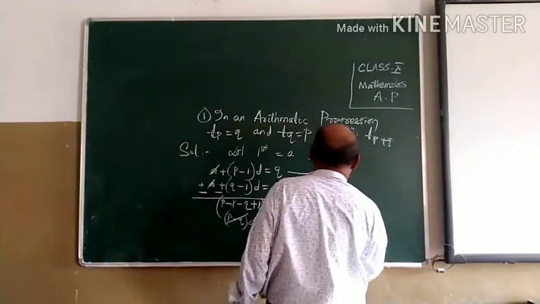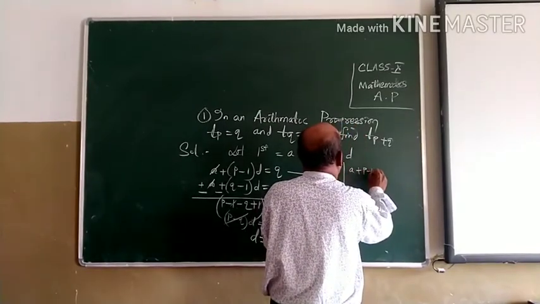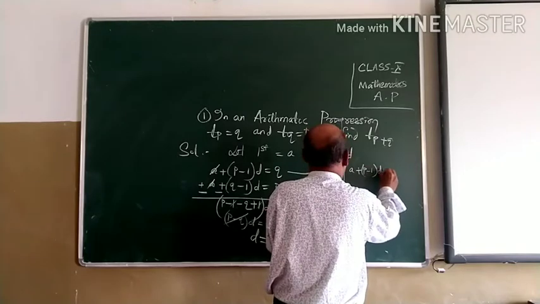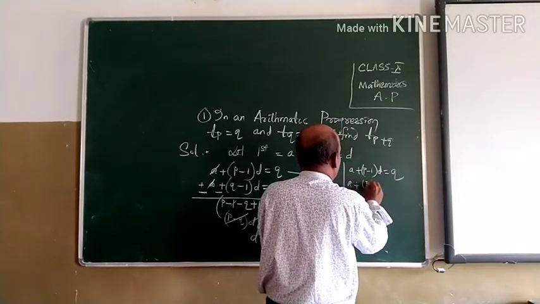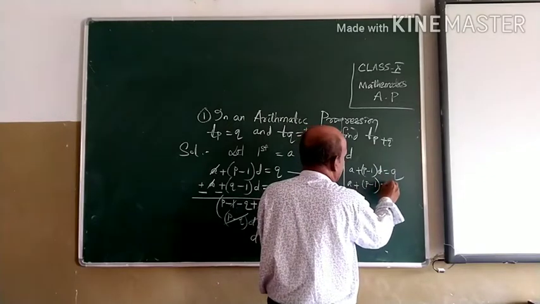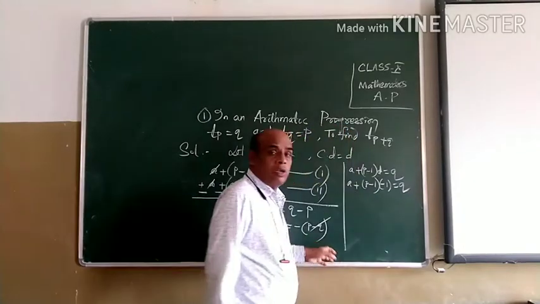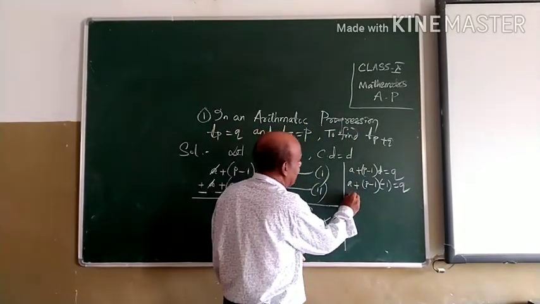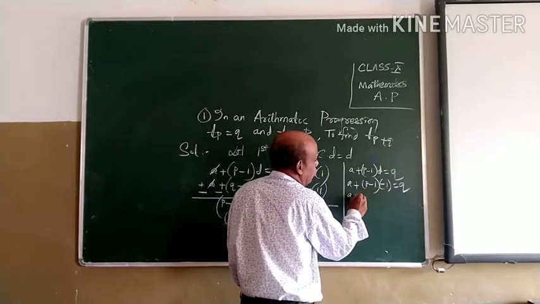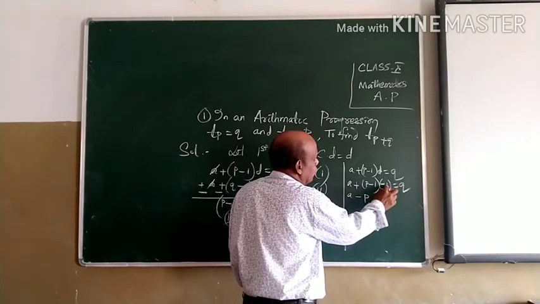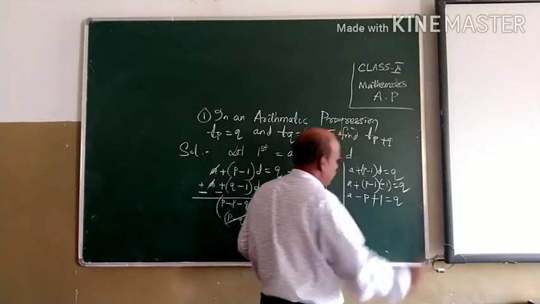So I will write the first equation again: a plus (P minus 1) into d, that is equal to Q. So a plus (P minus 1), value of d is equal to minus 1, that is equal to Q. So now you observe, a plus, here is minus 1 multiplied with P, ultimately minus P, minus 1 into minus 1, that is plus 1, that is equal to Q.